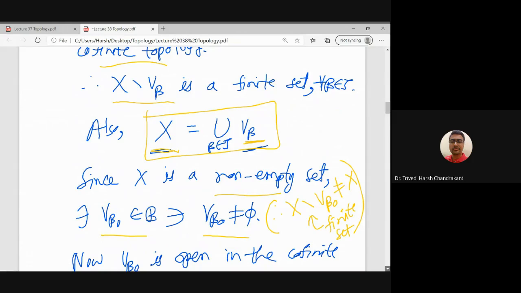right? Because in the cofinite topology, a set is open if either the complement is a finite set or it is the entire space. So here, because V beta naught is non-empty, it is not the entire space, so therefore its complement is a finite set.